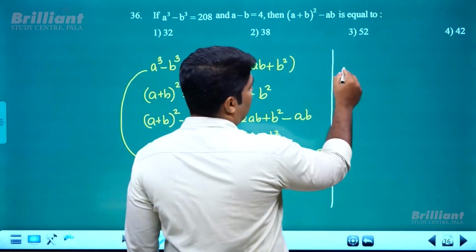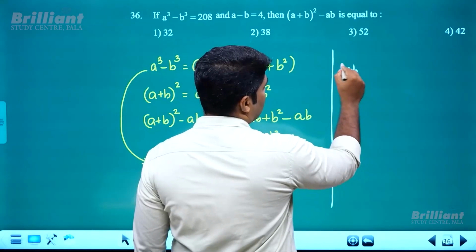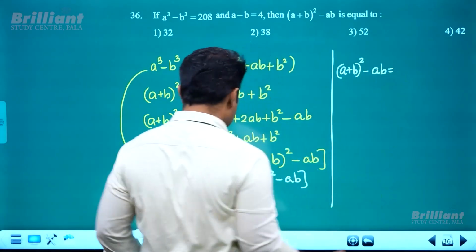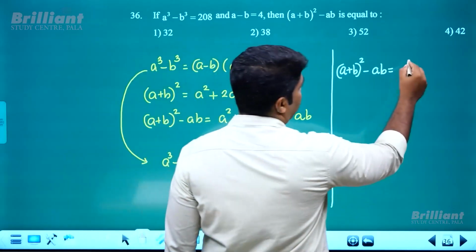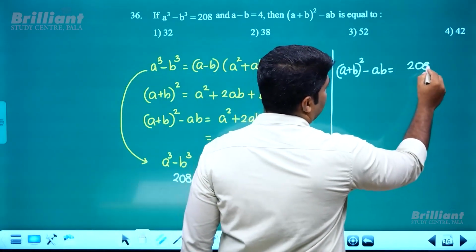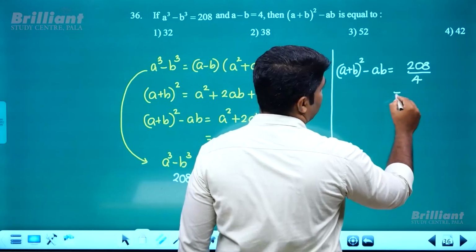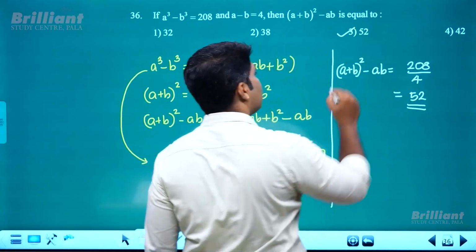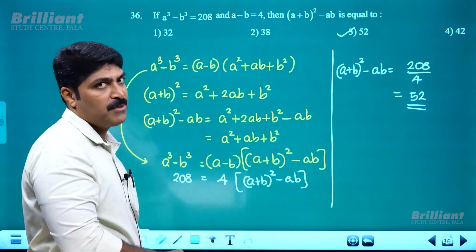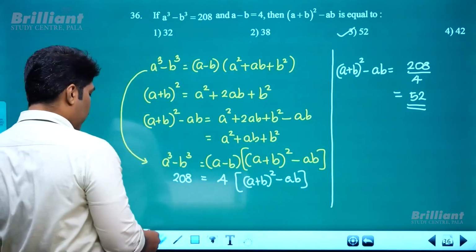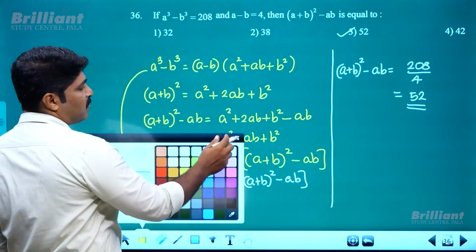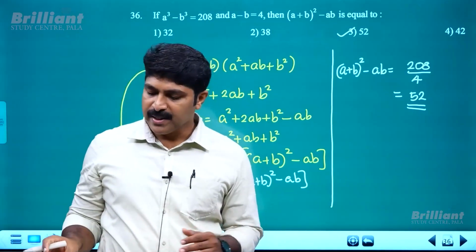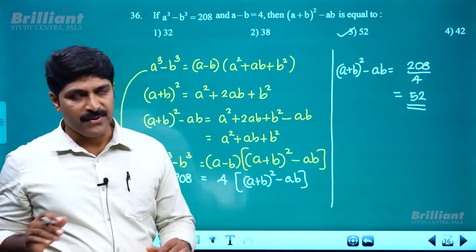That is simply 208 by 4, which is equal to 52. So our required answer is option C, option 3, that is 52. So these are some of the games with identities again. You have to learn the algebraic skills for finding the answer of these types of questions.